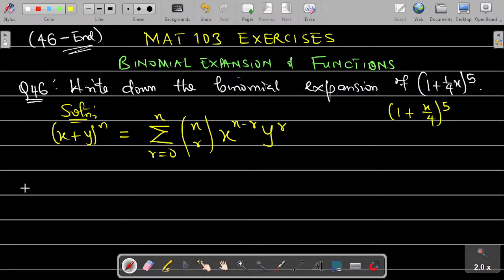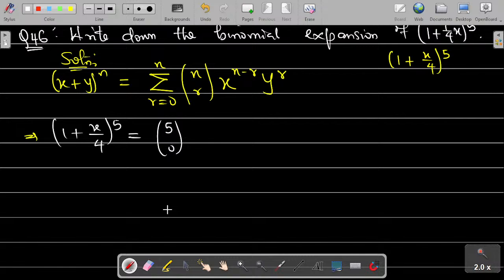Our 1 plus x over 4 to the power of 5 is going to be equal to, we start with 5 combination 0 of 1 to the power of 5.